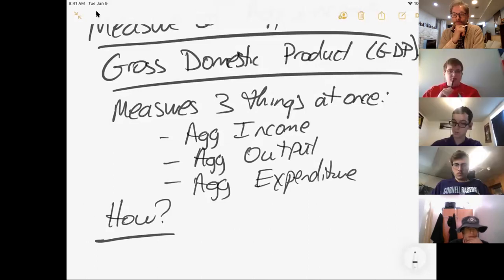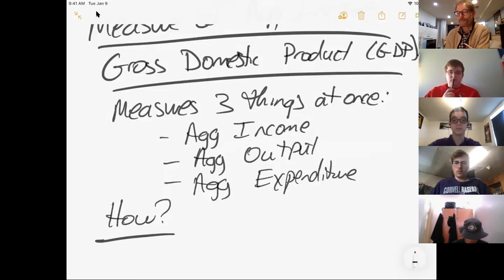Is it because there's different ways to calculate the GDP? Like you can use different formulas to find the GDP, so that helps you find some of these things? Well, as we're going to talk about, there are different ways that you can measure GDP, or break GDP down. But I don't think that answers the question of how we measure three things at once.